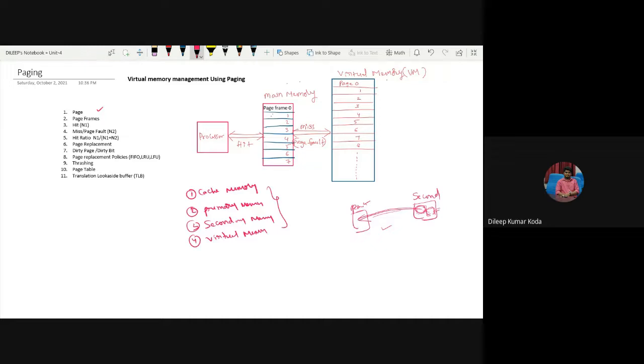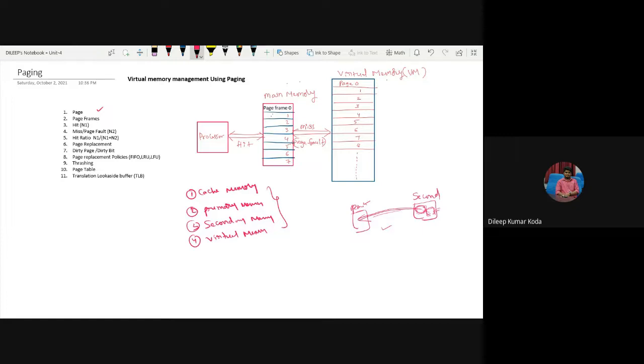The information does not come as a single piece of file, because there are several locations available in the RAM. There is a huge amount of memory available in the RAM. That's why the file does not come in a single piece.